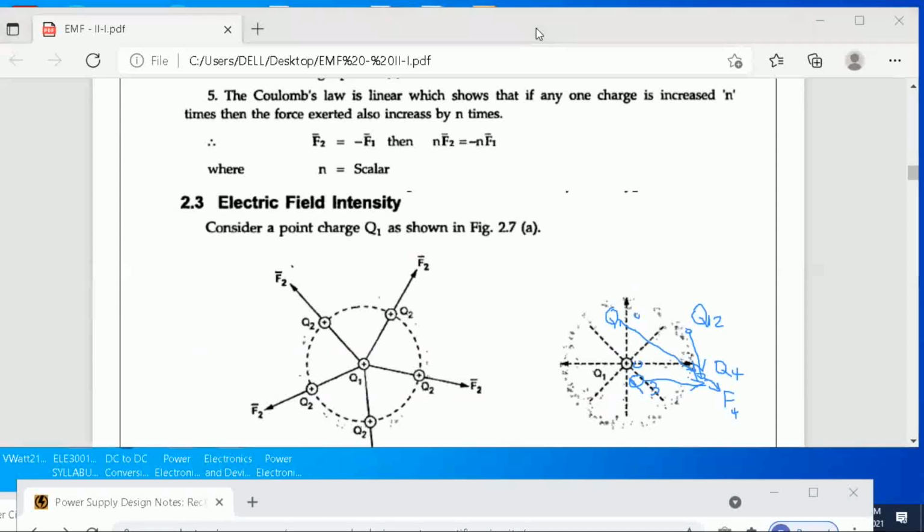So isn't that the same as electric field strength? Similar. So then it would be something to do with the voltage.